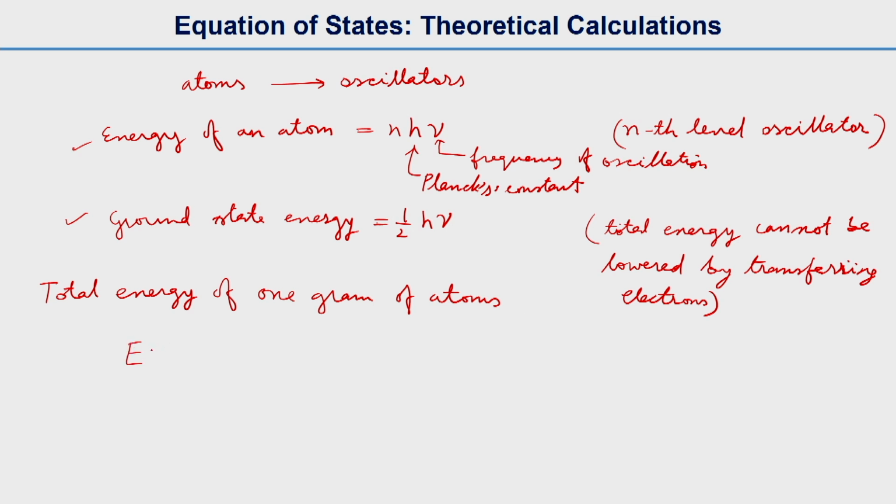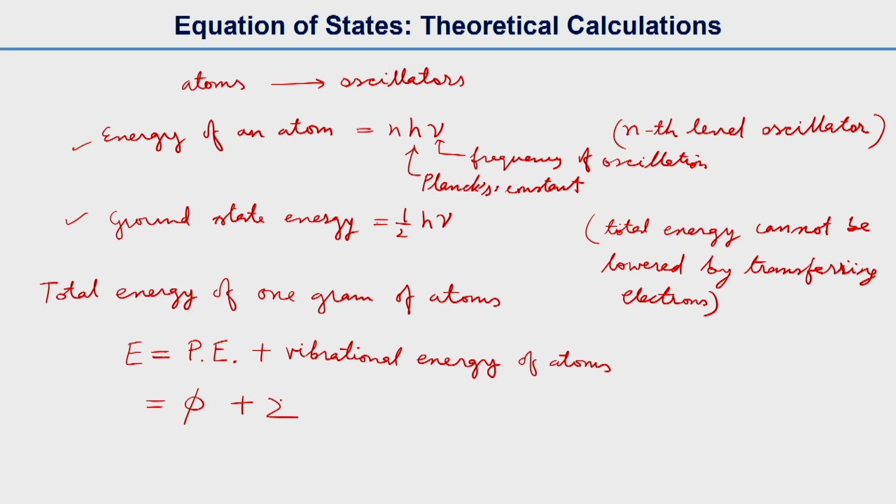Now we can write E equal to the potential energy, I will write PE for potential energy, and then the vibrational energy of the atoms. The potential energy we can write as phi, and the vibrational energy includes both the ground state and the higher level states, the nth level.